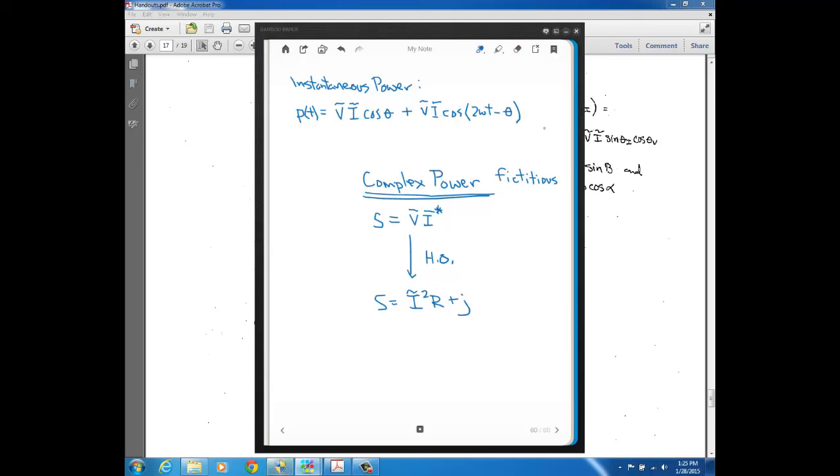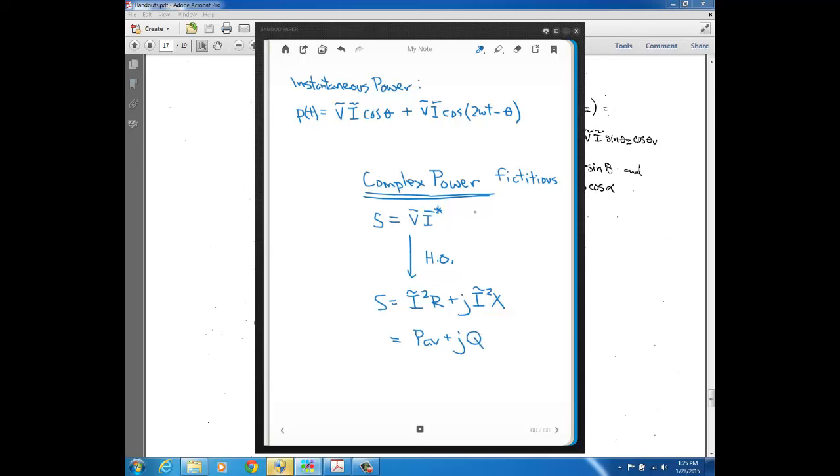And we just finished seeing that I squared R is P average, that's the equation for P average. And I squared X is reactive power Q.